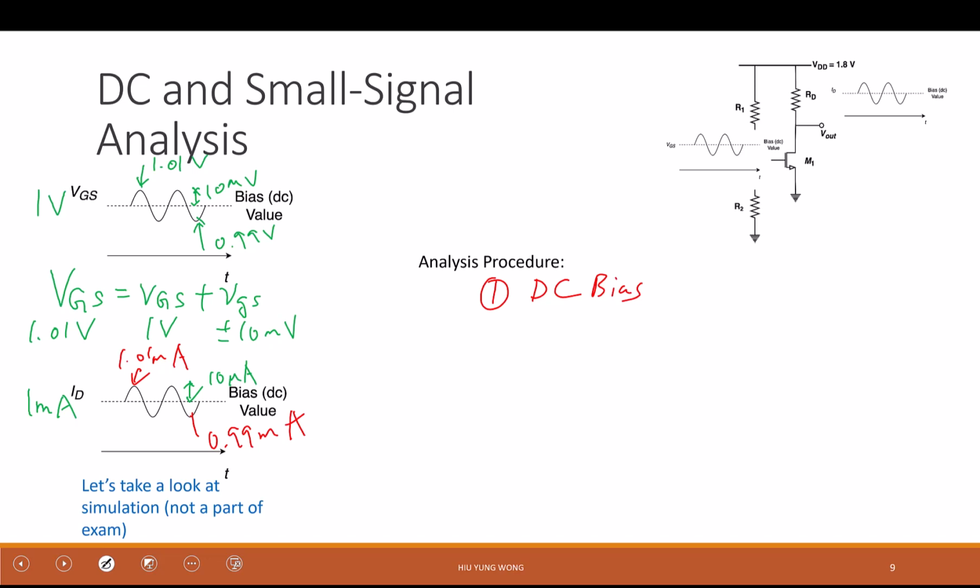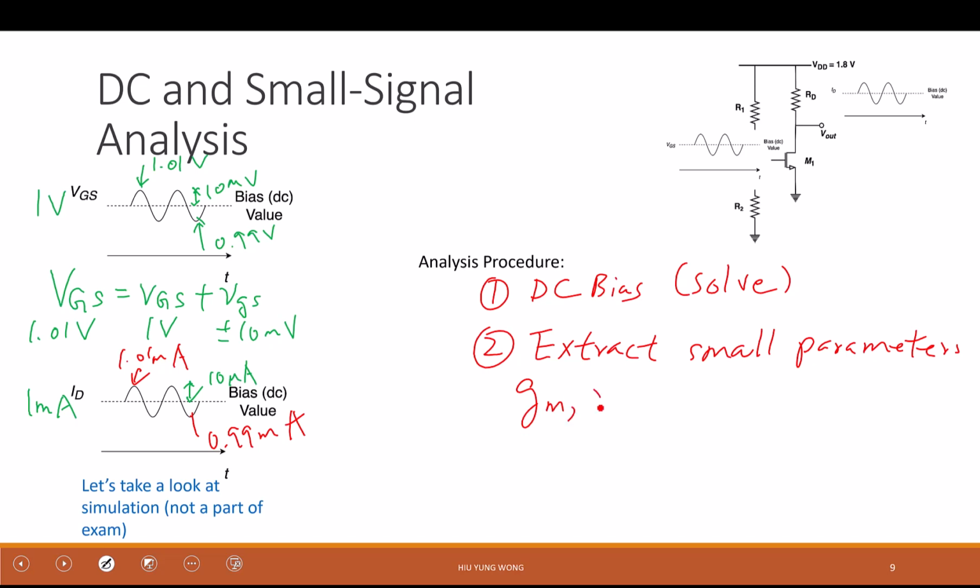So you solve the DC bias circuit. You need to solve it. You need to understand what it is. And once you solve it, you're going to extract the small signal parameters, right? And you know this already. For example, gm, r0, right? We will explain more. So under this DC bias condition, what is the strength of the transistor in different aspects?